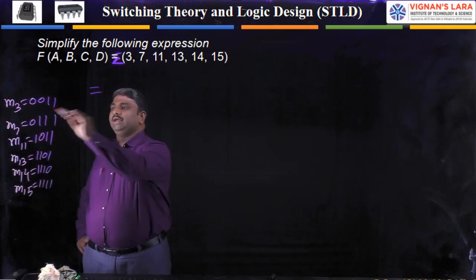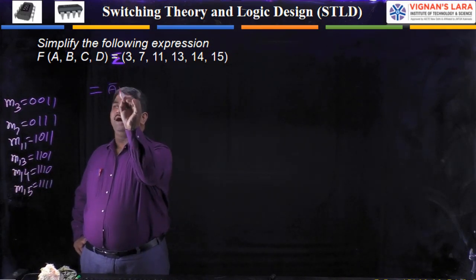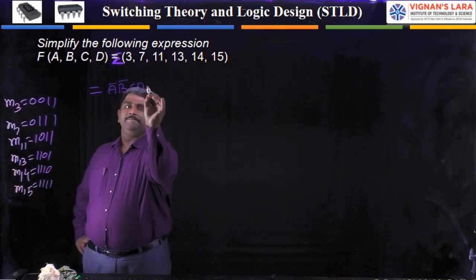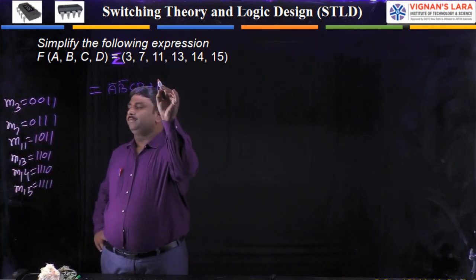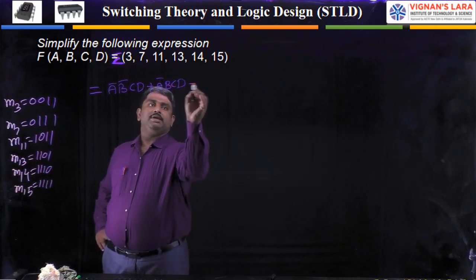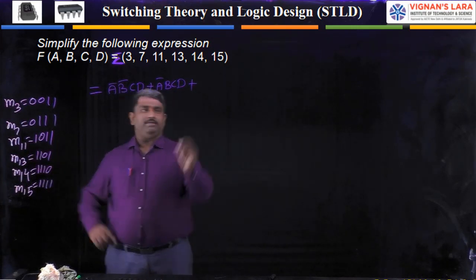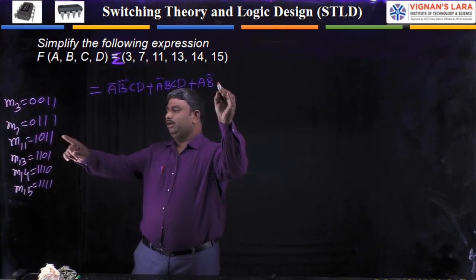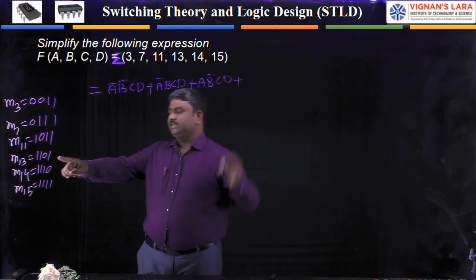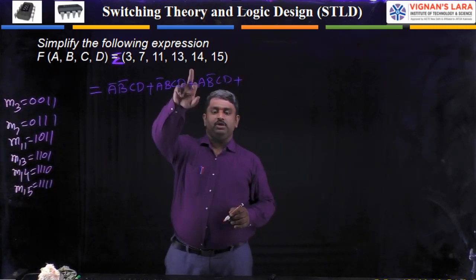So here, M3 you can write as A bar B bar C D, plus next M7, that is A bar B C D. Next M11, A B bar C D. Next the function 11 over.